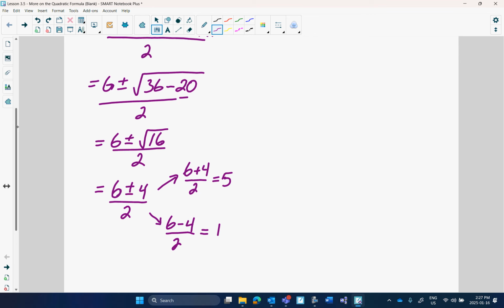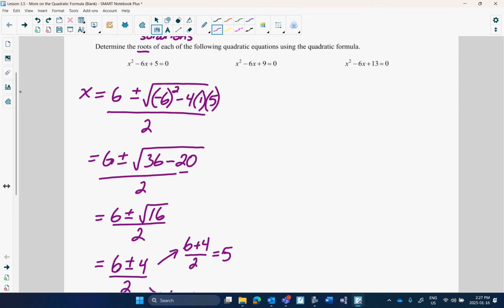Next one. Using the quadratic formula, although this one could be factored.